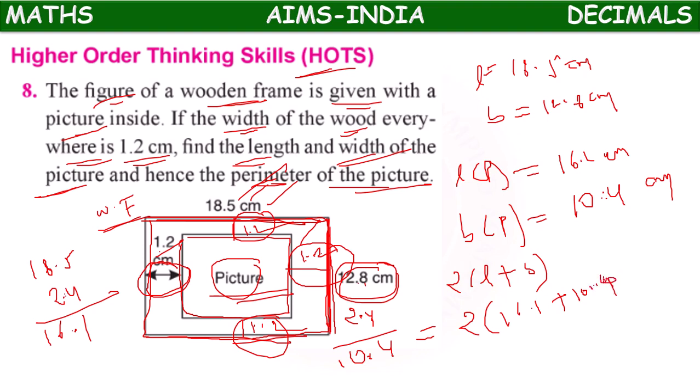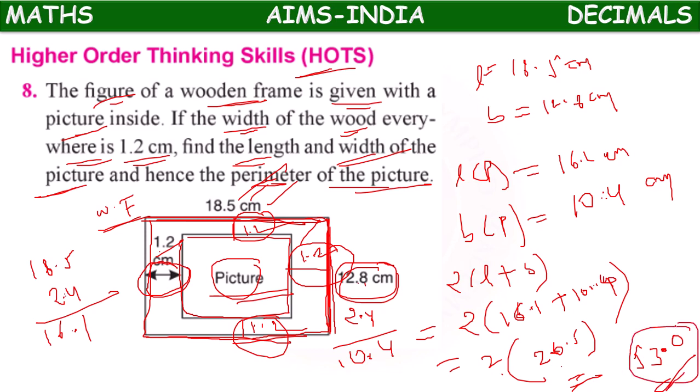If we add both, 16.1 plus 10.4 means 26.5. 2 times 26.5. 2 5 times 10, 2 6 times 12 plus 1, 13. 2 2 times 4 plus 1, 5. 53.0 centimeter. 53 centimeter is the perimeter of the picture.